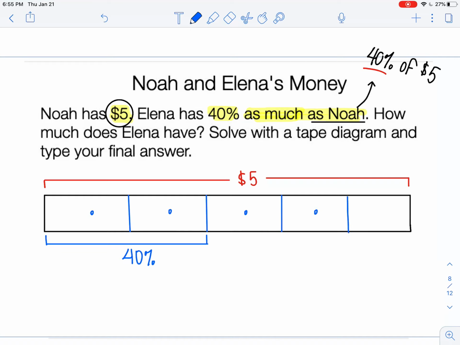My fourth 20%, this is 80%, and then I've got 100%. So I split up my one box into 5 boxes so that I could count by 20%, right? We've got 20, 20, 20, 20, 20. And that's very similar to what you'd be doing on a double number line when you were counting by 20%.